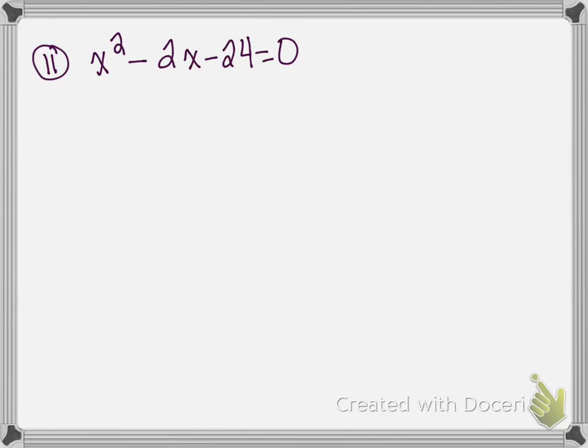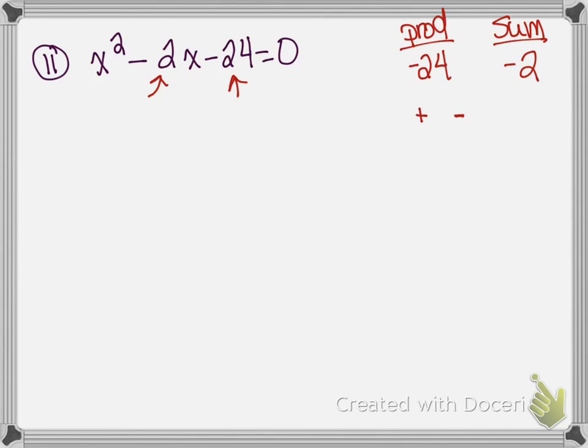So, this is my sum, and this is my product. So my product is negative 24. My sum is negative 2. Because my product is negative, I'm going to have one positive number and one negative number.